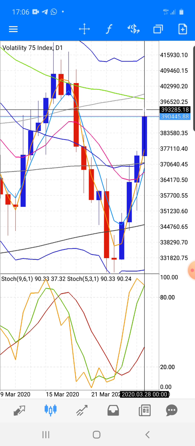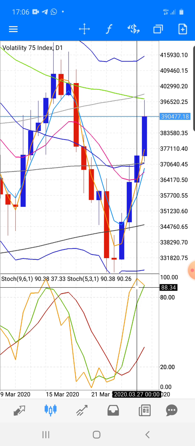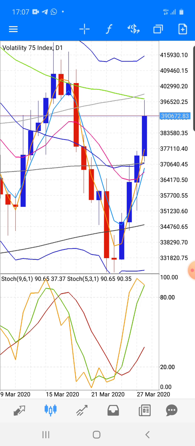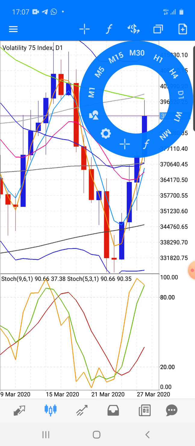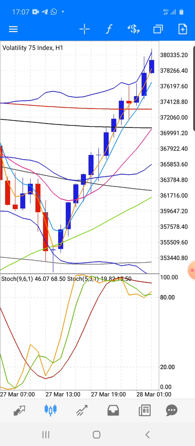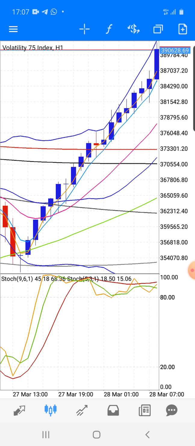So now, because this yellow line here is pointing downwards to cross the green one on the oscillator, I will now check my 1 hour. You see the very long uptrend that we bought that time.